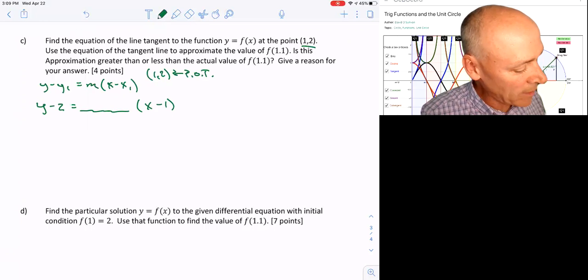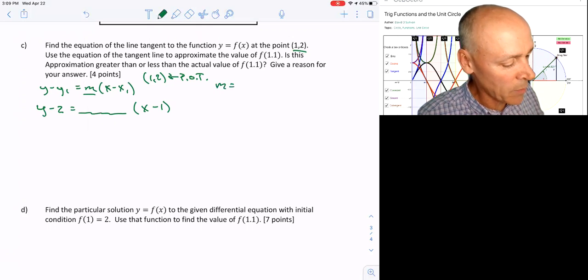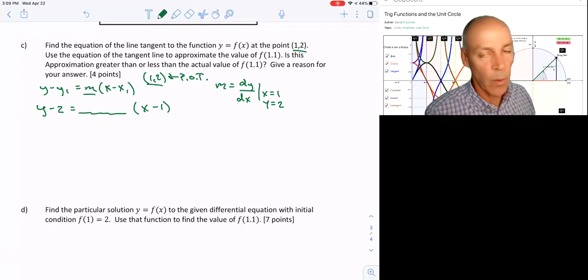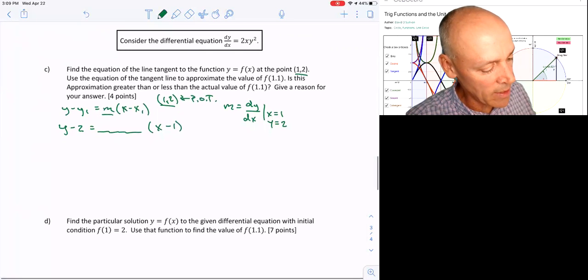Okay, think about it. My slope is going to be equal to dy/dx such that x equals 1, y equals 2, right? That's the x and y value of my point of tangency. Okay, so I'm just going to rewrite this.